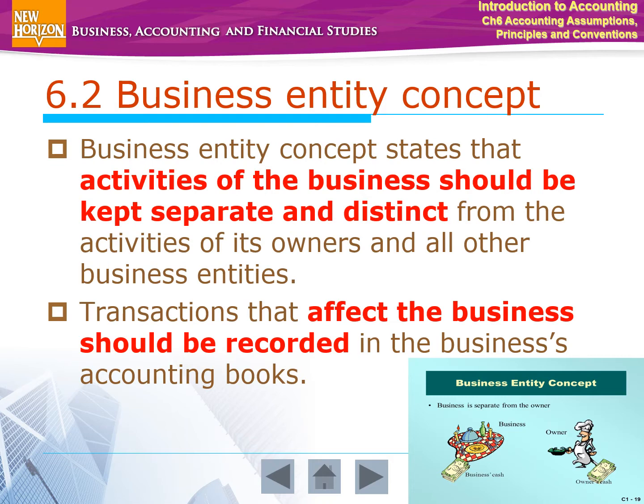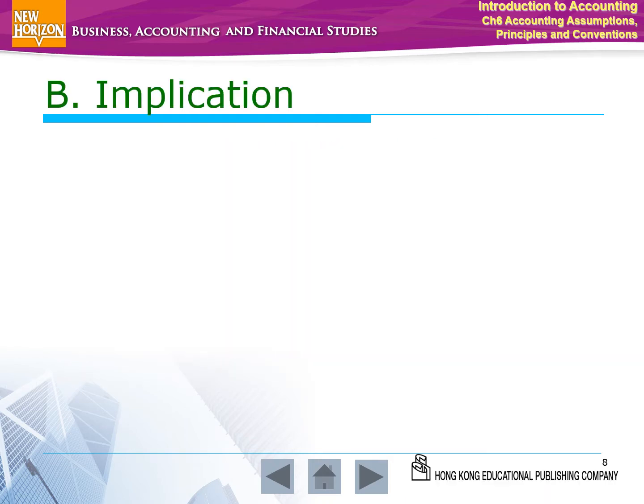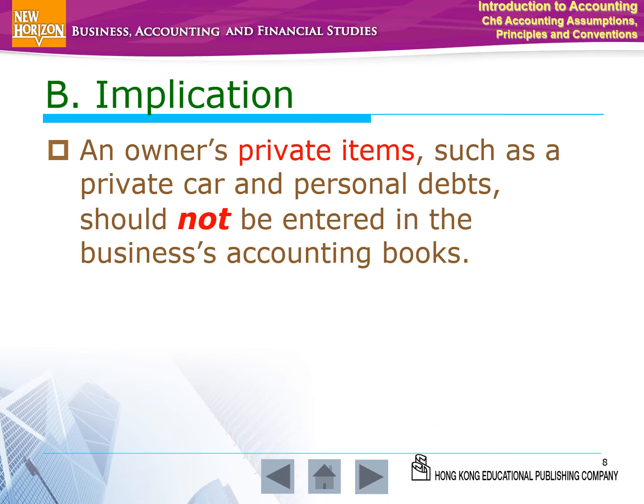That means if the transactions are not related to the business, they should not be recorded in the accounting books of the business. The implication is that an owner's private items, such as a private car, say for example, you started a business of your own and you have your private car and personal debts, such property and debts should not be entered in the accounting books because the business and the owner are separate and distinct.